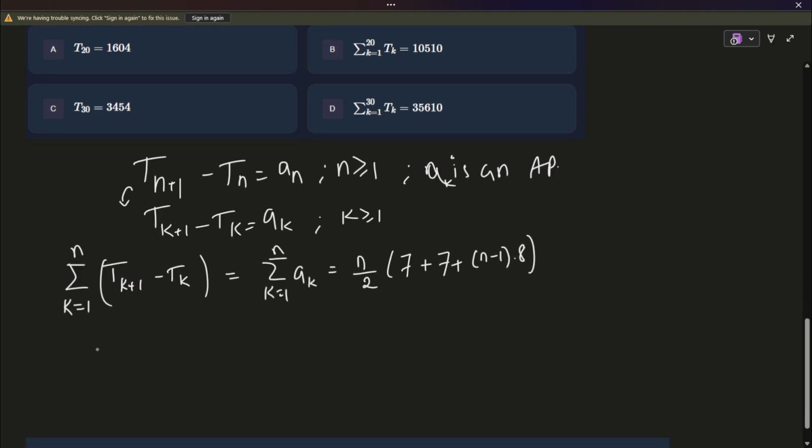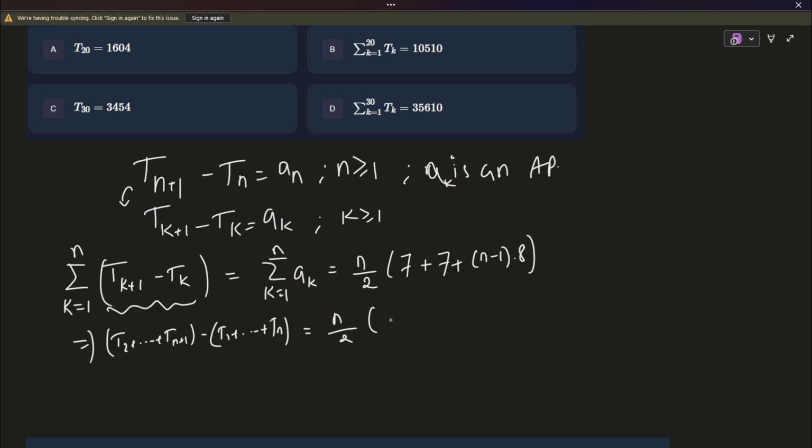On the left hand side, I have taught you before, this is called a telescopic series, right? So here, you can write the sum of k equals 1 to n of Tk plus 1 and the sum of Tk separately. The first one would simply give you T2 up to Tn plus 1, and the second term, the sum of Tk with the minus sign, would simply give you T1 up to Tn. And inside, what will be there? n by 2, 14 plus 8 whole into 8n minus 8.